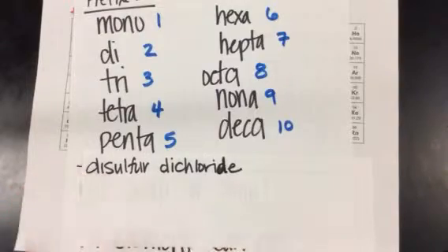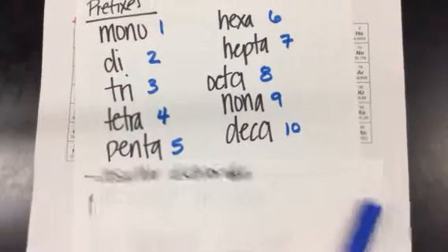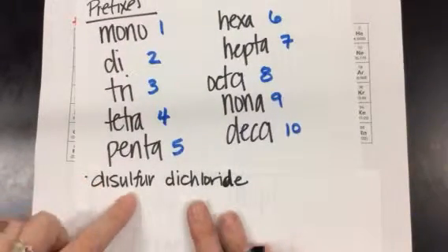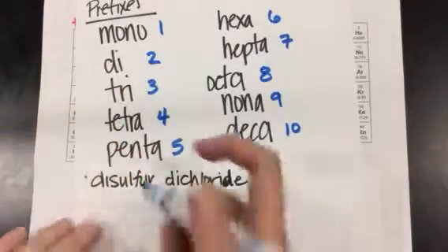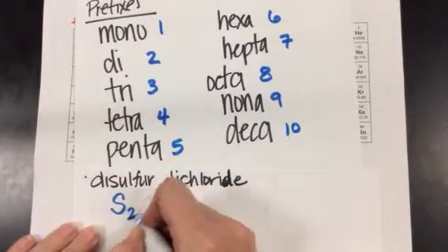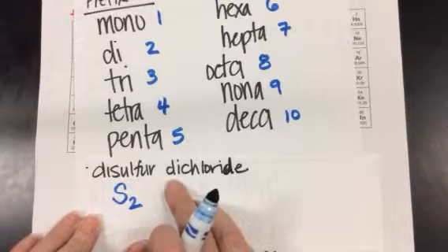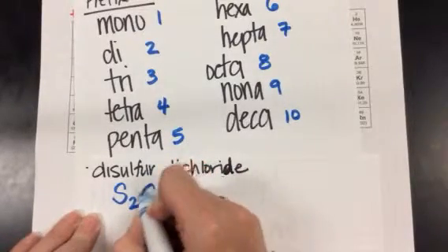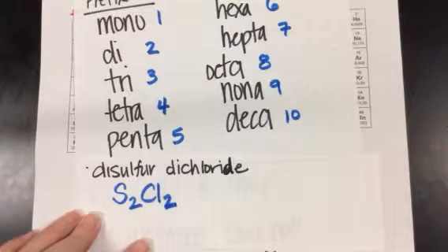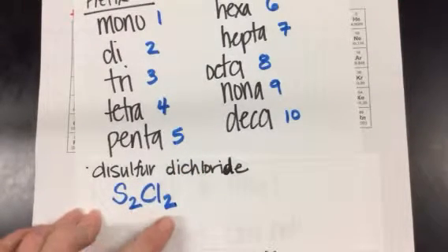Now our prefixes tell how many of the different elements are there. So I have disulfur, that means that I have 2 sulfur. Remember, our numbers come after the symbol, so S2. Dichloride means that I have chlorine, but I have 2 of them, so S2Cl2.